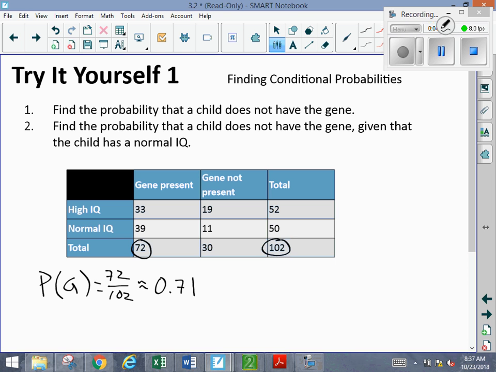I guess we'll just round it to this. So then the probability that they don't, or the complement, is going to be equal to 1 minus that.